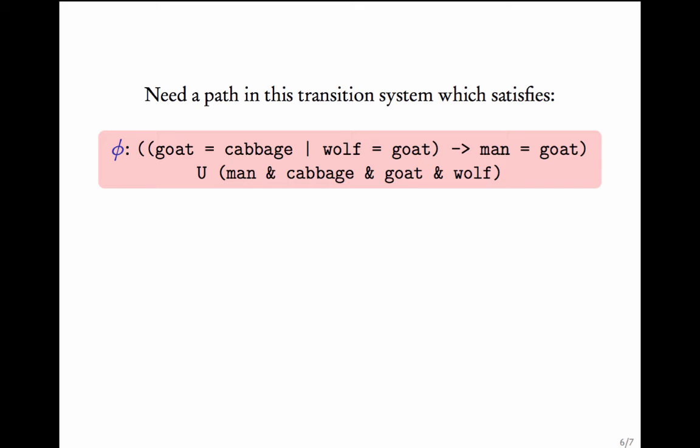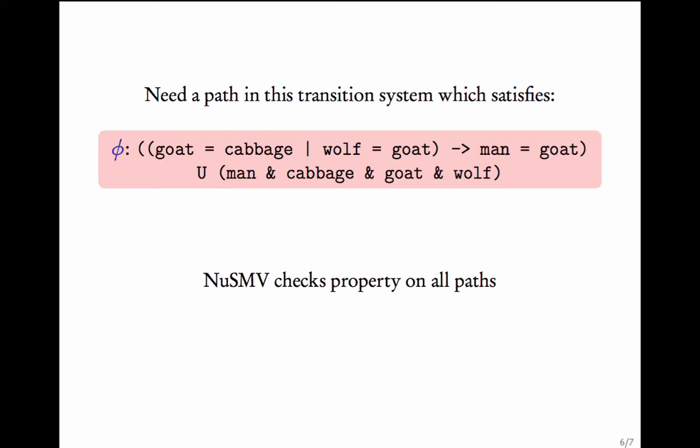So we have a transition system and we have this LTL formula. However, NuSMV would check this property on all paths, right? That's how the semantics of property satisfaction is.